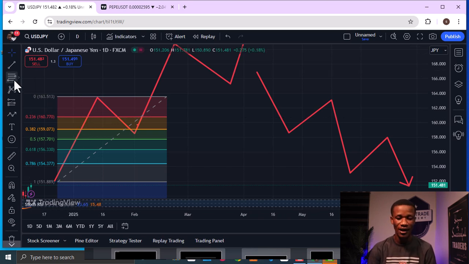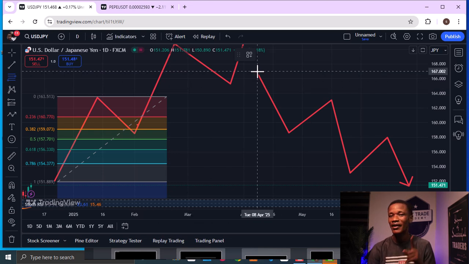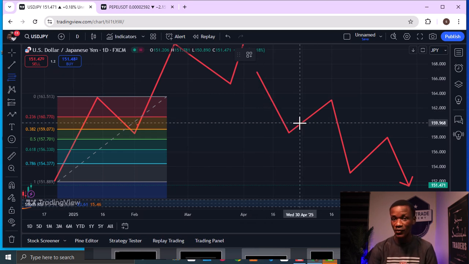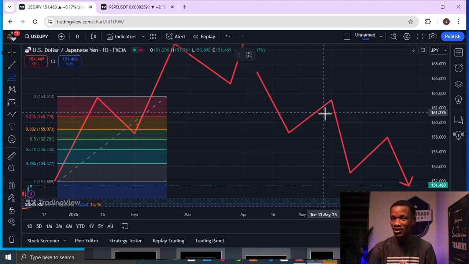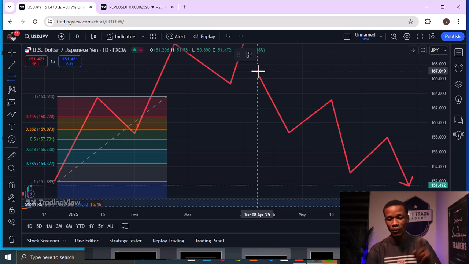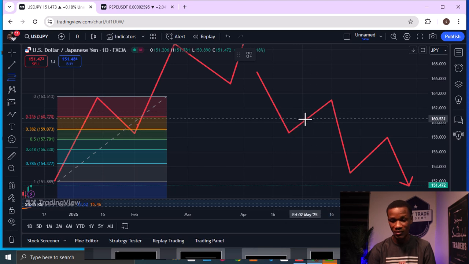You come right here, you pick the tool by left clicking, and then you come to the last impulse. Okay, the immediate last impulse. Let's assume the market is starting to form this retracement upward. So if you want to know where the retracement is going to end, you have to draw from the last impulse, and the last impulse, assuming, is this impulse before this retracement that is forming.